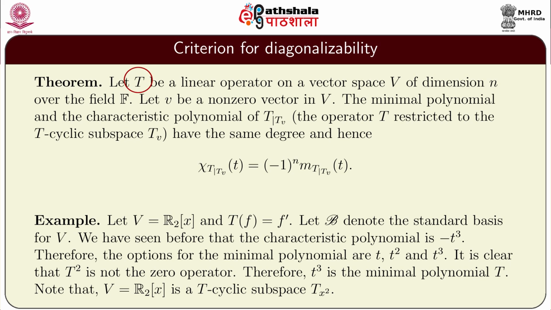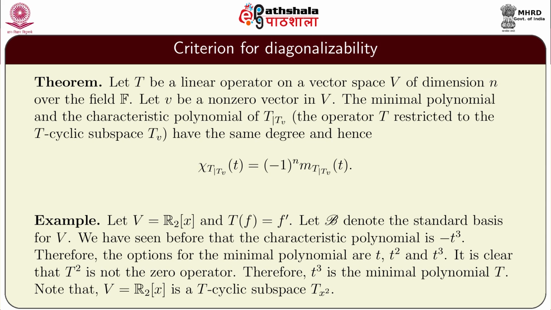So, let T be a linear operator on a vector space V of dimension n over the field F. Let v be a non-zero vector in V. The minimal polynomial and the characteristic polynomial of the operator T restricted to the T-cyclic subspace Tv have the same degree, and hence chi of T restricted to Tv is equal to minus 1 to the power n times m of T restricted to Tv.